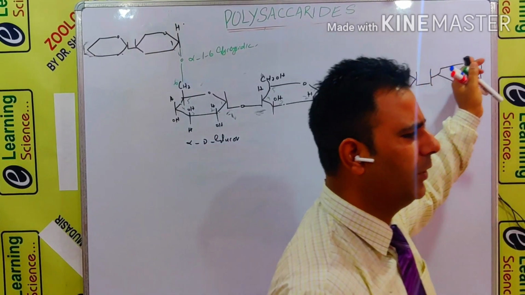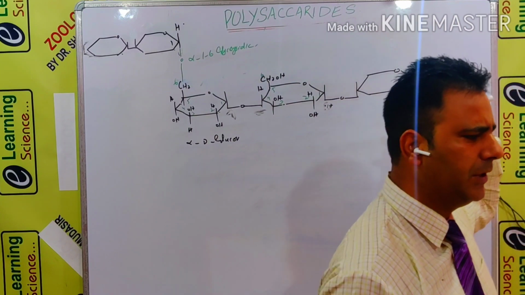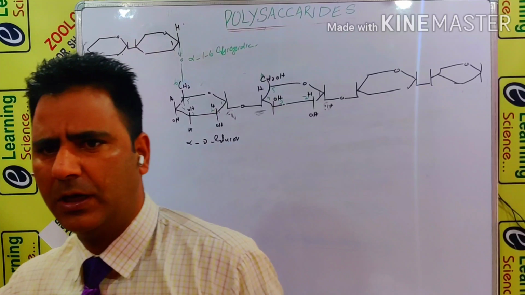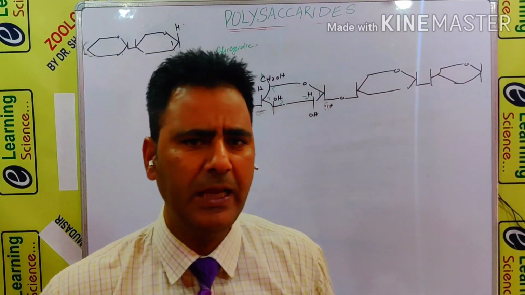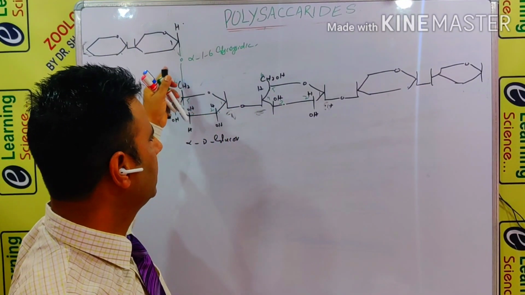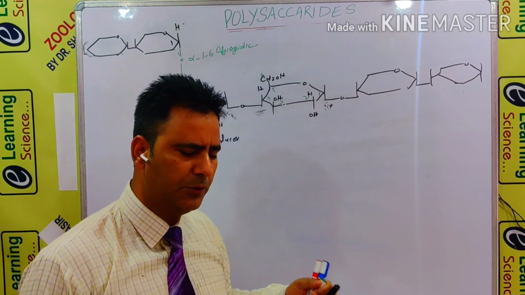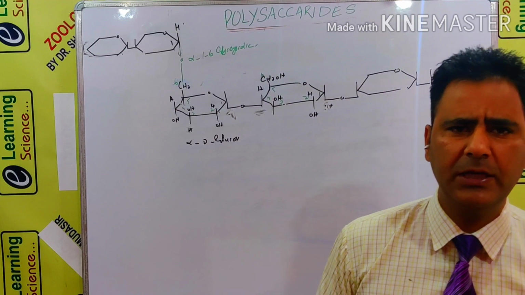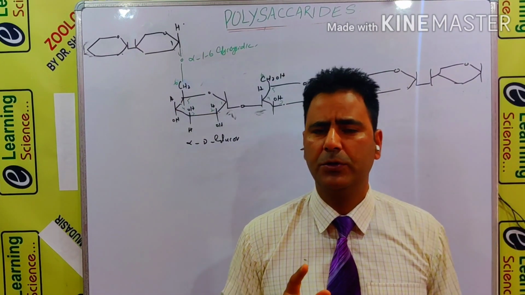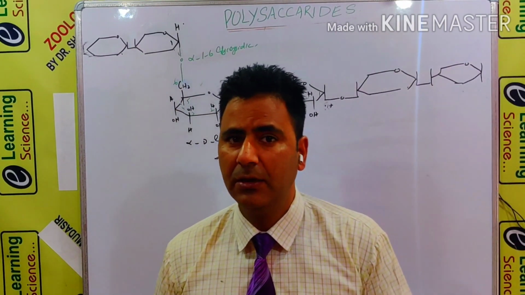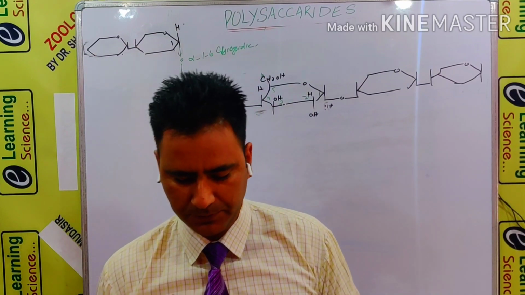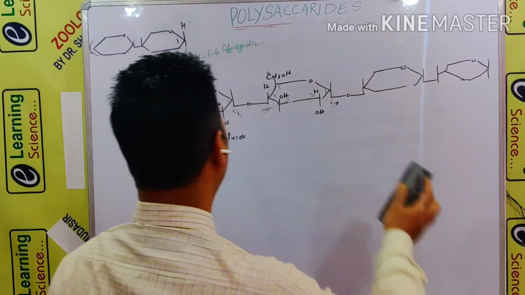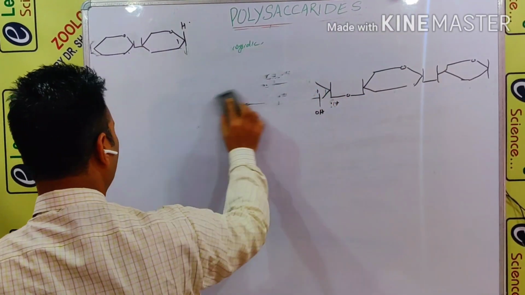After 24 residues have elapsed, there will be again one more alpha-1,6 glycosidic linkage. Basically, the repetition of alpha-1,6 glycosidic linkage takes place after 24 to 30 monosaccharide residues. All right.